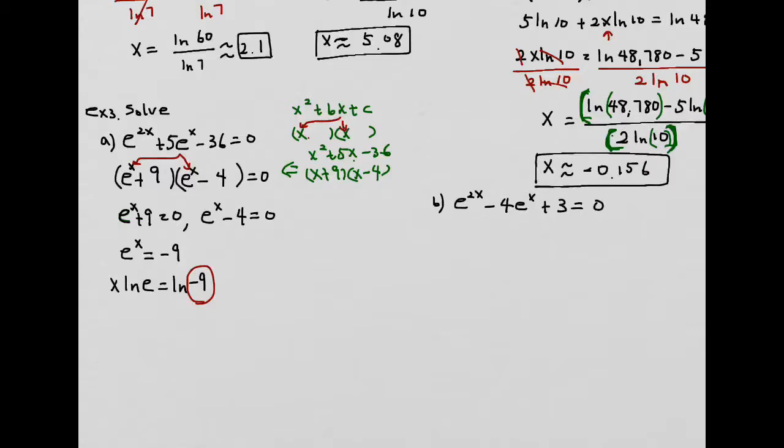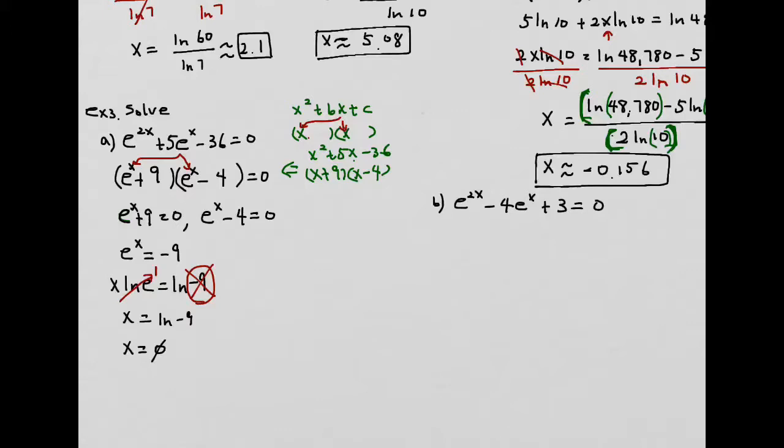You cannot have a negative there. And this one equals 1, right? But still, you have x equals natural logarithm of negative 9. When you plug this into the calculator, you will get undefined. So this one gives no solution because the argument of the logarithm cannot be negative.